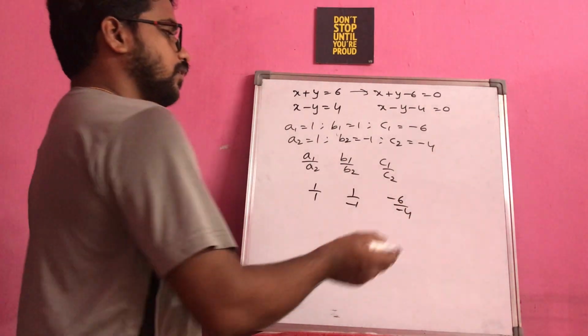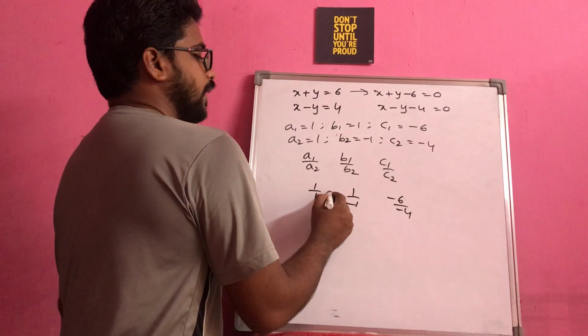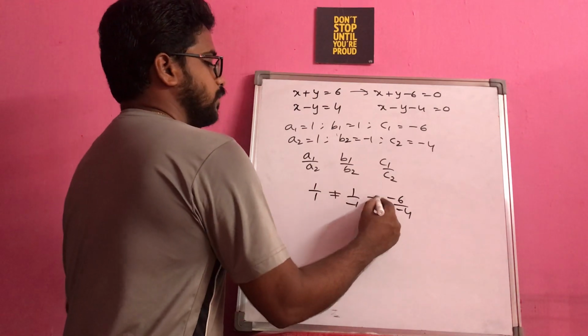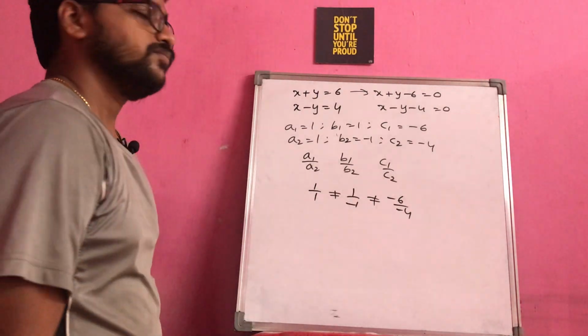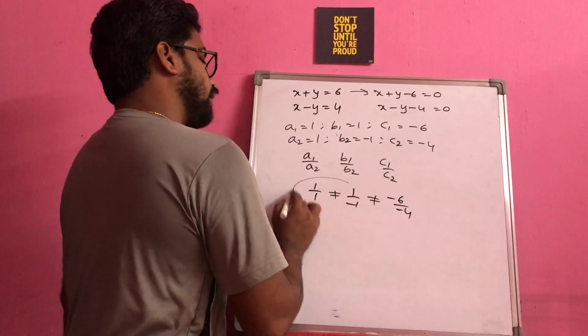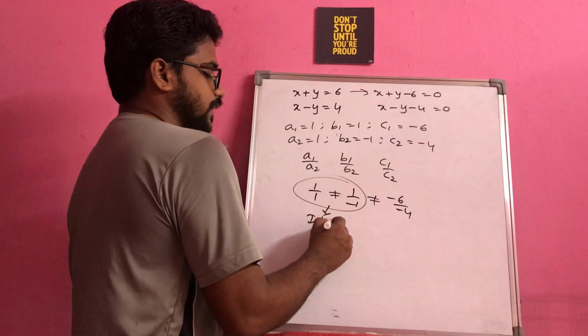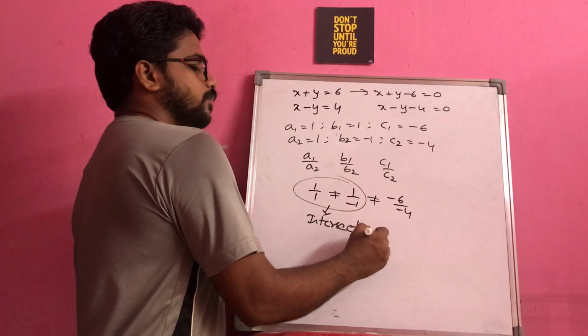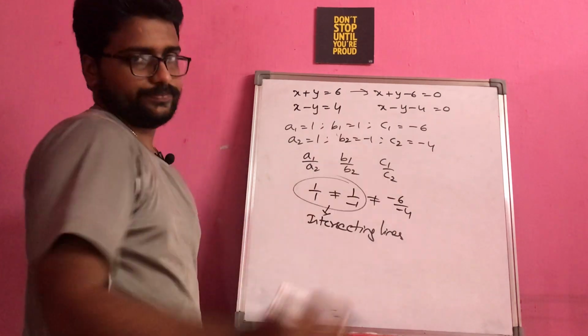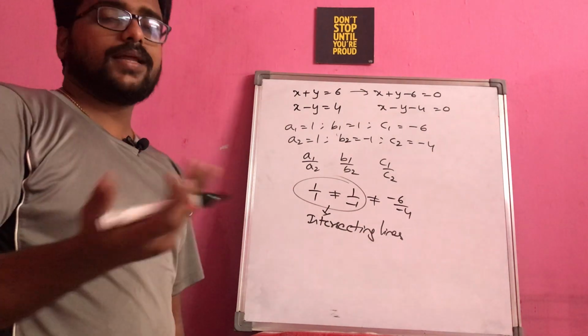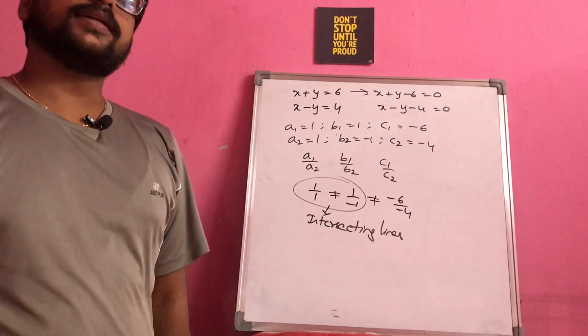So this is anyway not in track here. a1 by a2 is not equal to b1 by b2. If a1 by a2 is not equal to b1 by b2, then we can say that they are intersecting lines, which means that you will be having one solution, right? So what can be that solution? How will you get that solution?